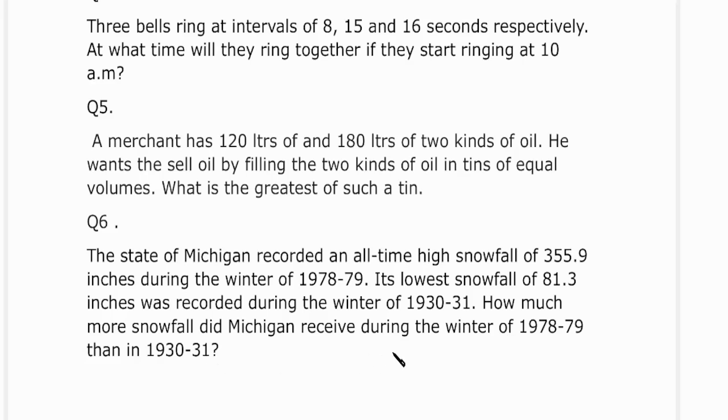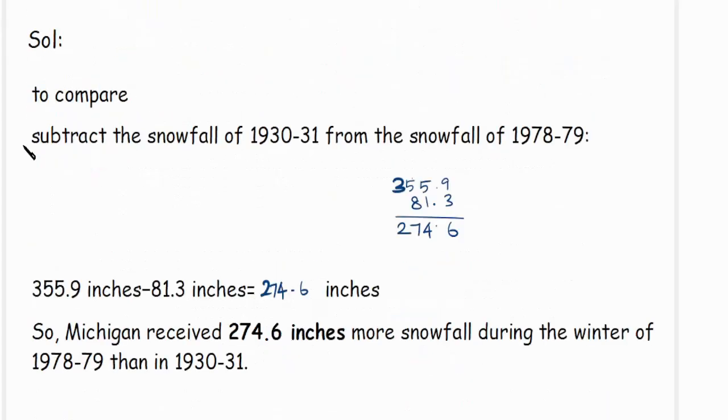To get the comparison, we have to first get the difference between the two periods' snowfall. Then only we can get the data. So first we have to get the comparison with the help of subtraction: subtract the snowfall of 1930 to 31 from the snowfall of 1978 to 79.